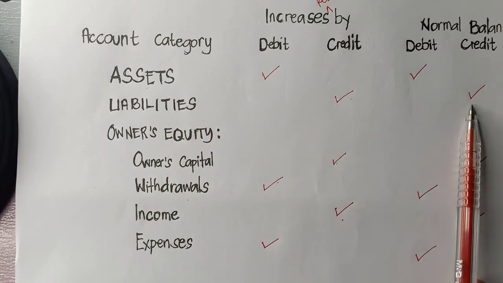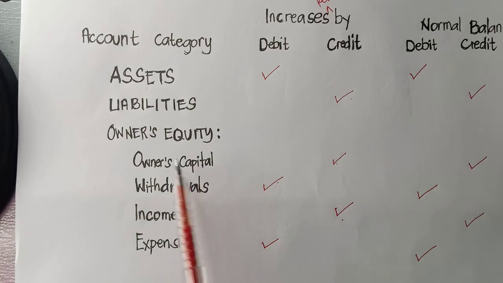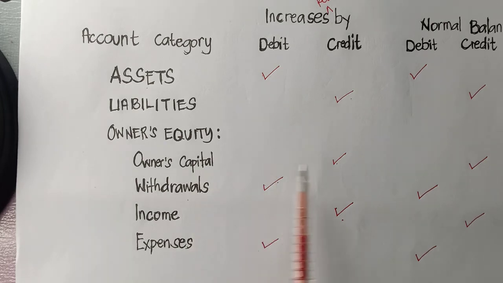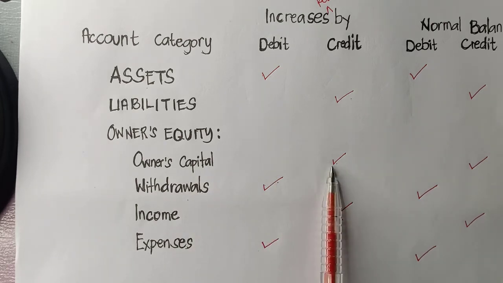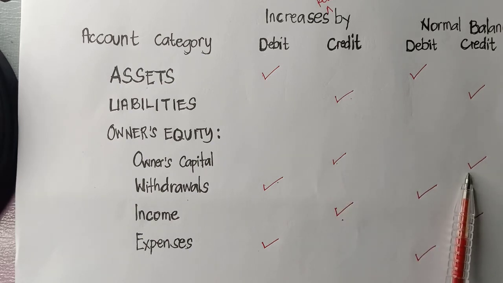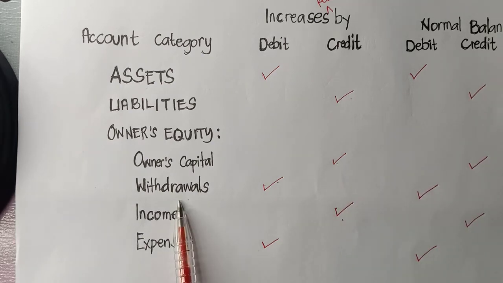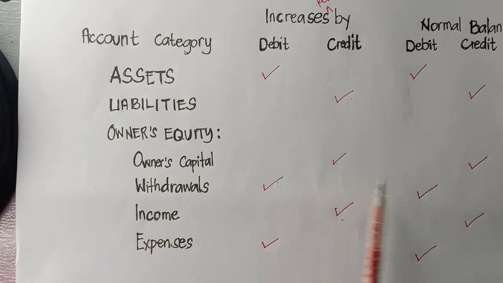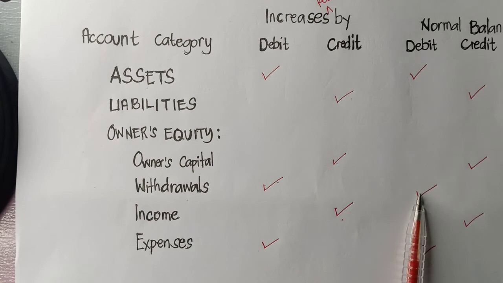That is why the normal balance is also credit. Owner's equity, the first is owner's capital, increases recorded by credit. That is why the normal balance is also credit. The withdrawals, increases recorded by debit. Then, the normal balance is also debit.